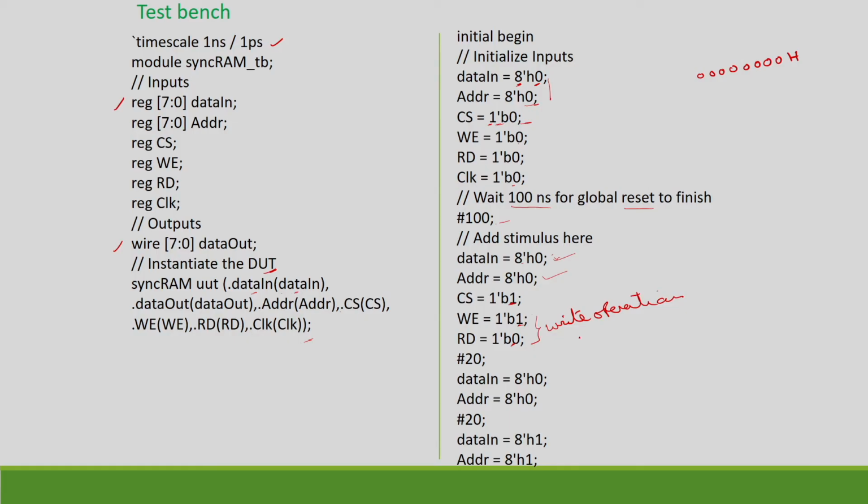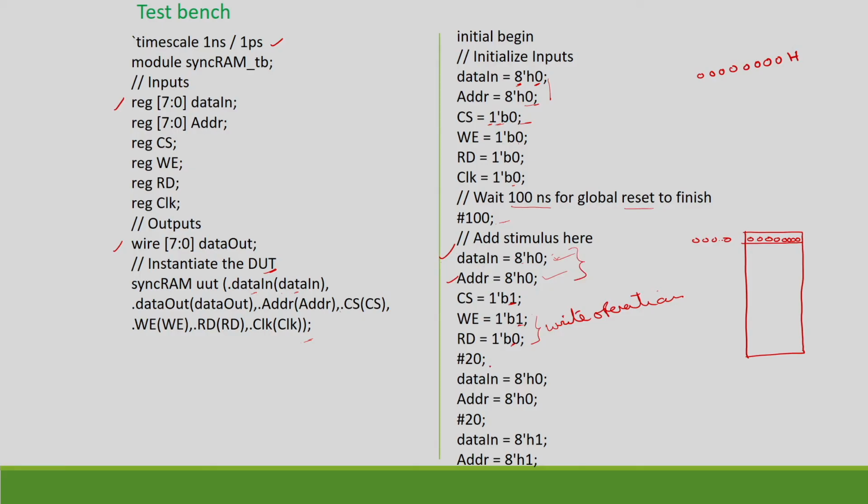After 100 nanoseconds, it will perform the write operation with data as all zeros and address also all zeros. What does it mean? We are going to write into the first location all zeros, 00000000. So, here we are going to enter all zeros for this assignment.